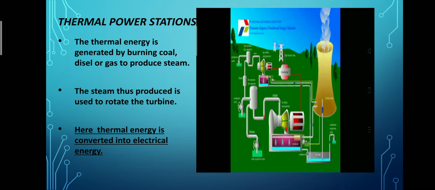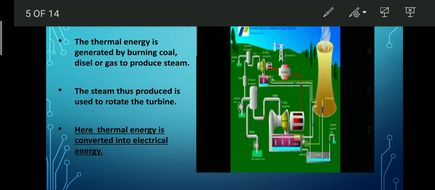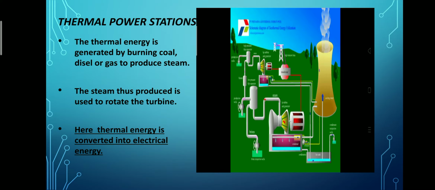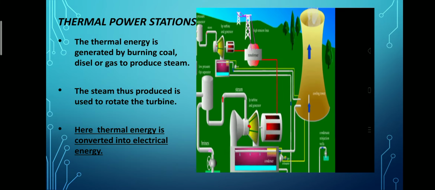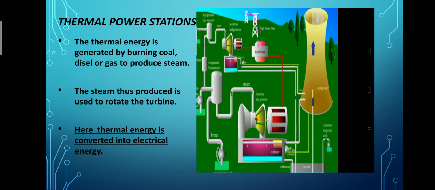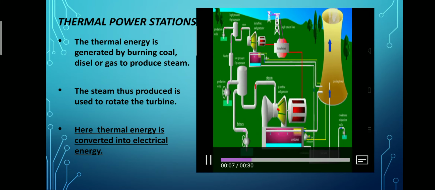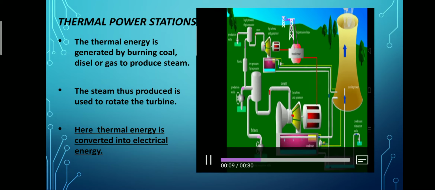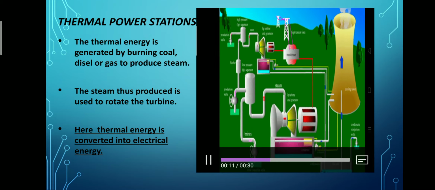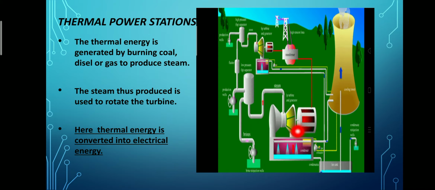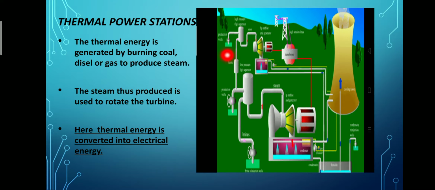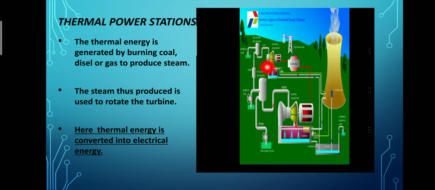Look at this video. Here, this is your turbine. The fuel is burned and it forms steam, and this steam flows through the turbine, which makes the turbine rotate.